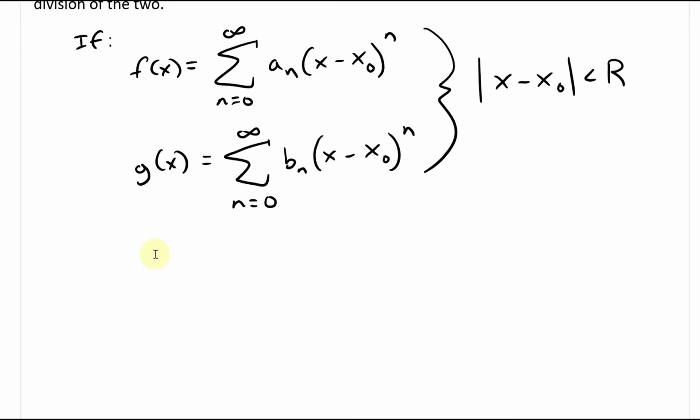So now what we're going to do is define another power series as the division of the two.